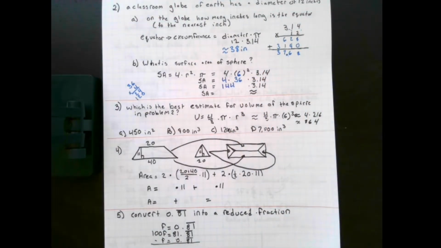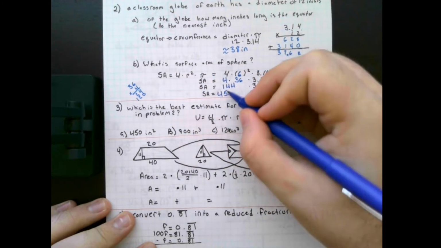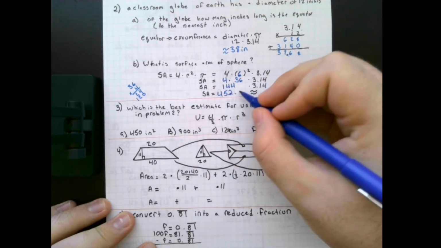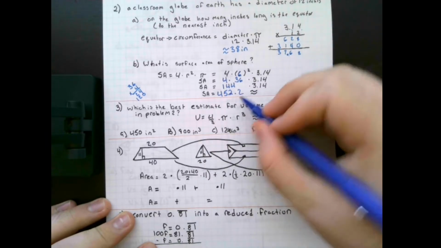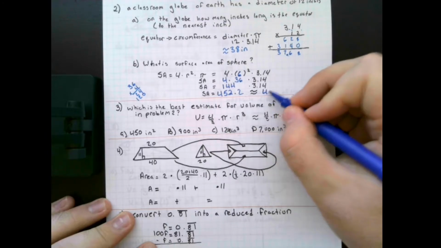And if we multiply 144 by 3.14, we're going to get 452.2, which is about 452.